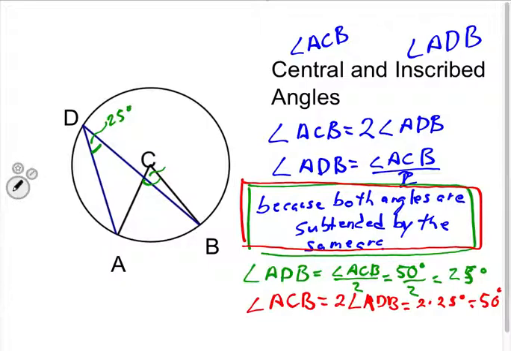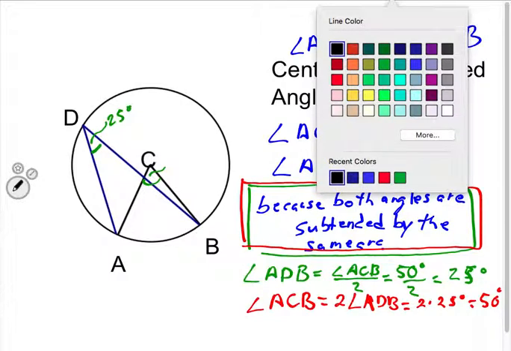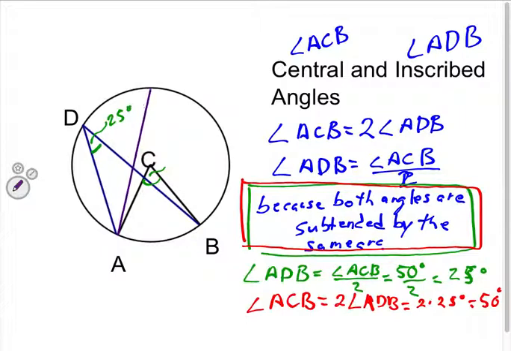If I wanted to draw a second inscribed angle, let's do it in purple. As long as that inscribed angle is still subtended by the same arc, this AB, it would still be equal to the other inscribed angle, because it has to be half of this central angle here.